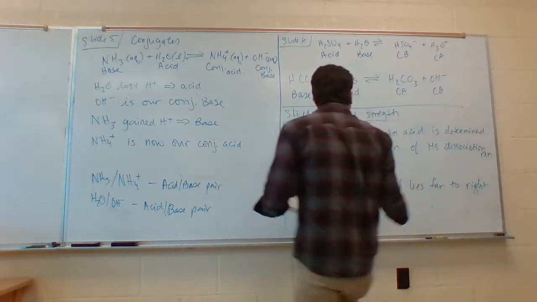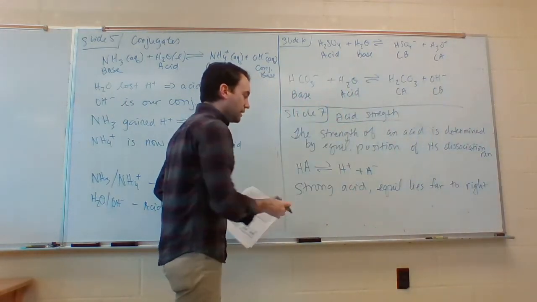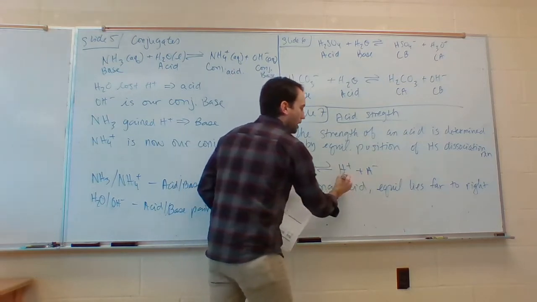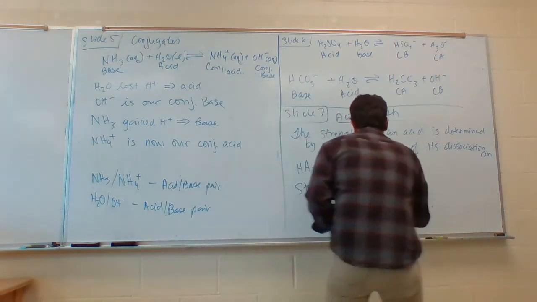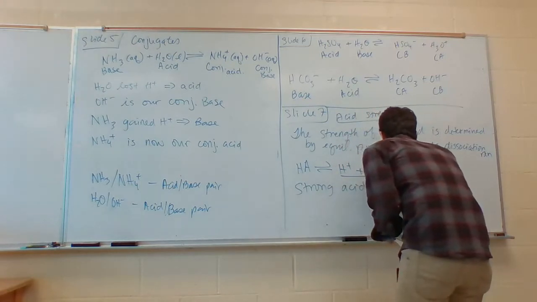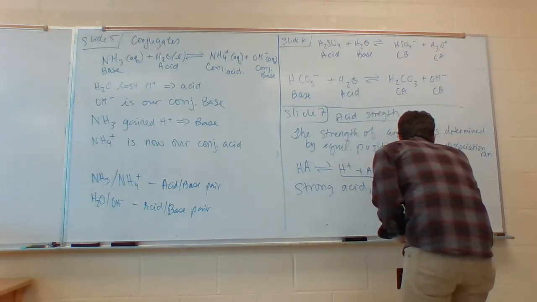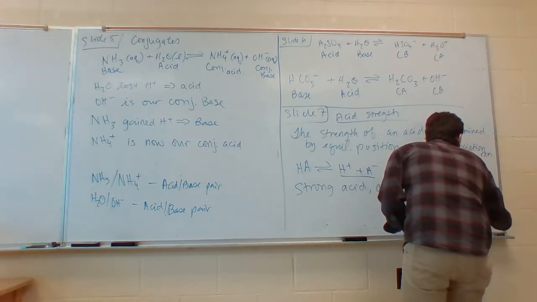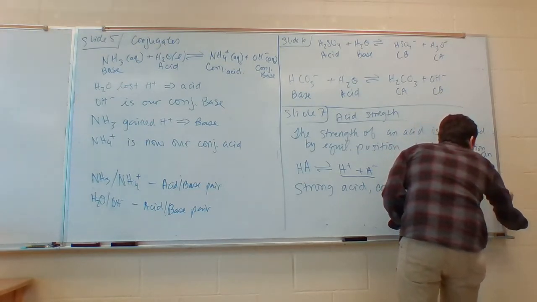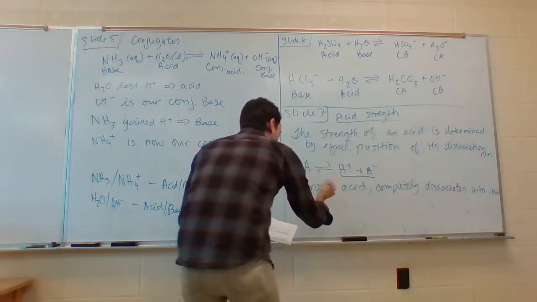In other words, since it lies far to the right, it favors being dissociated. So a strong acid completely dissociates into ions.